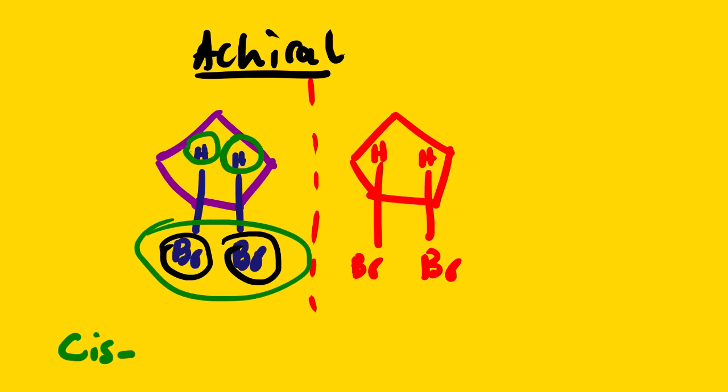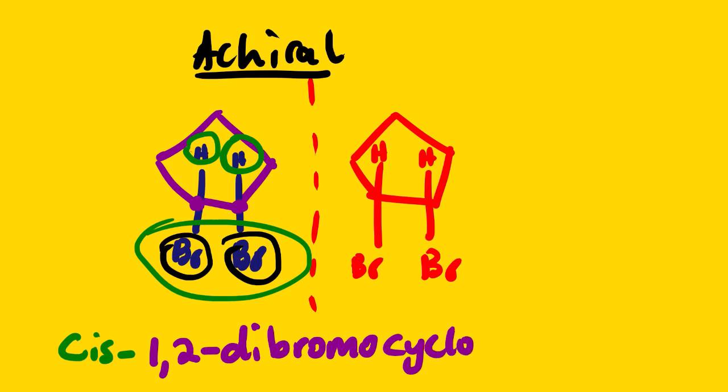And then we take this to be our first carbon. So we have 1. Then on the second carbon we also have bromine, so it's 1,2. Then we put a dash, dibromo, cyclo.